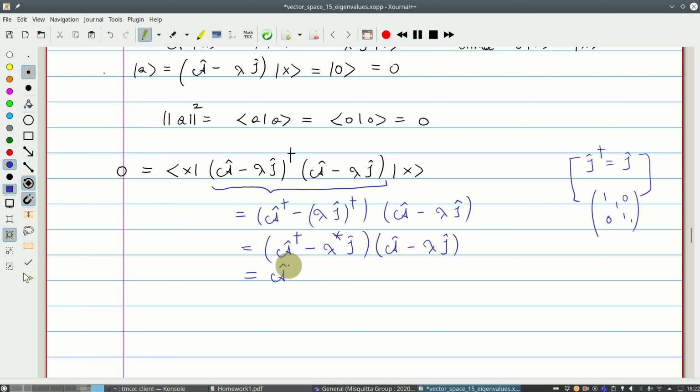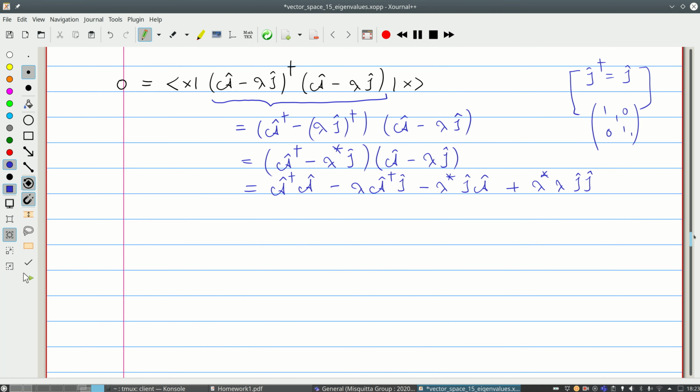We have A dagger A minus lambda A dagger I minus lambda star I hat A plus lambda star lambda I hat I. Now the identity operating on the identity gives us the identity, but it doesn't really matter at this stage. We'll just leave it as it is.